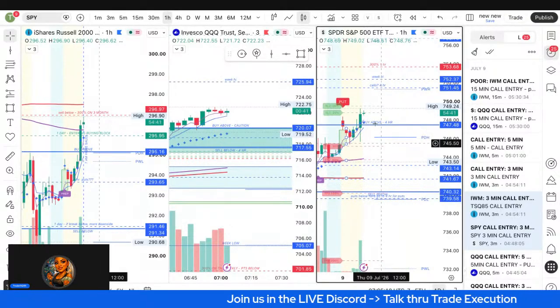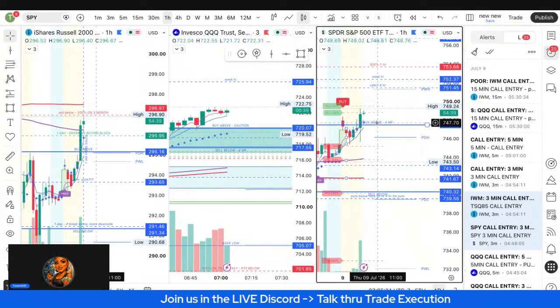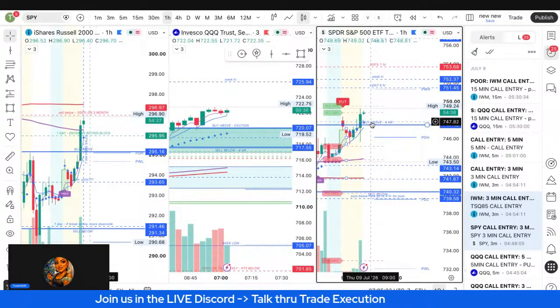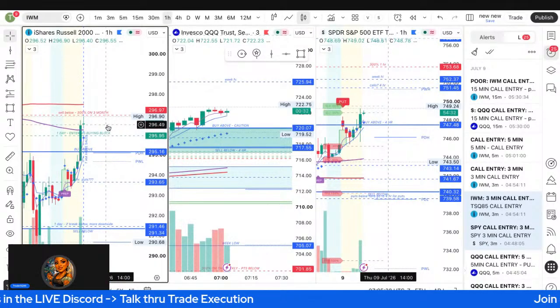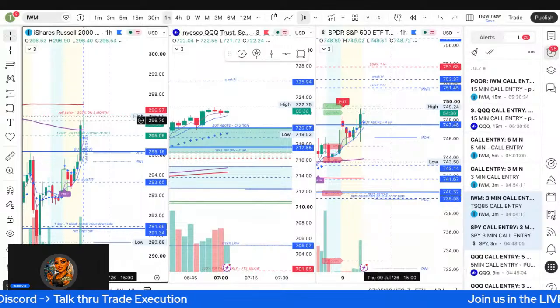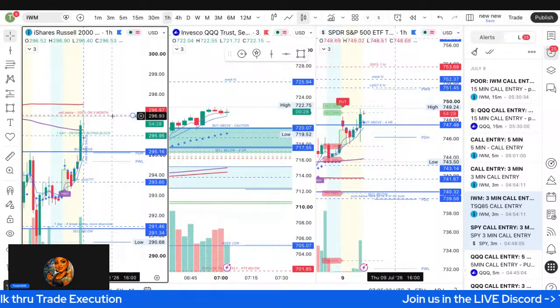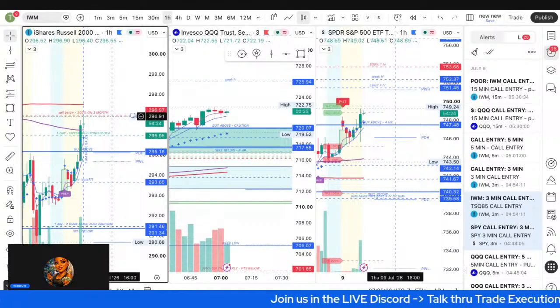VWAP did open above this 4-hour buy level, so I kind of do treat it like a candle. Here we're rejecting off of this 300 level, this 3-month 300% level. Let's just see how much it drops from there.